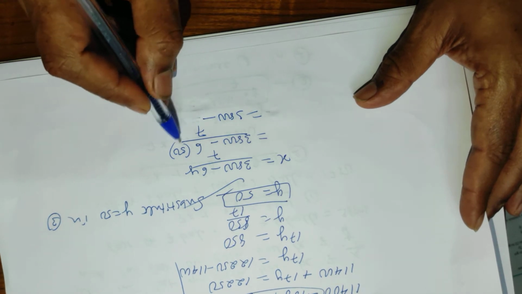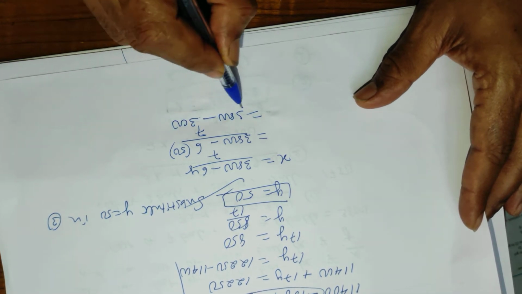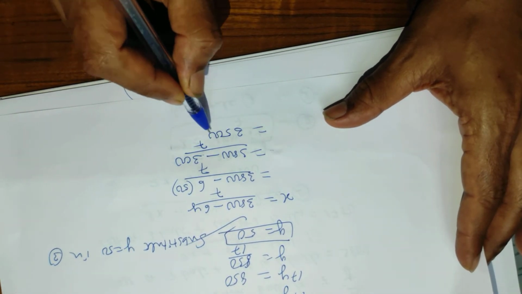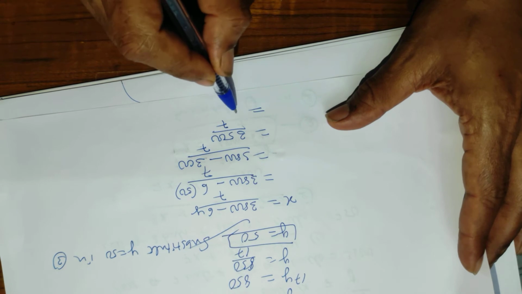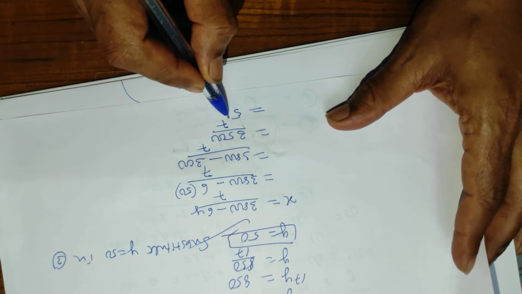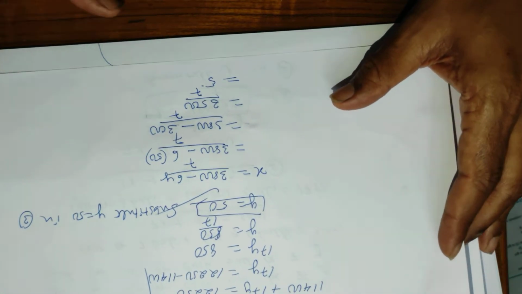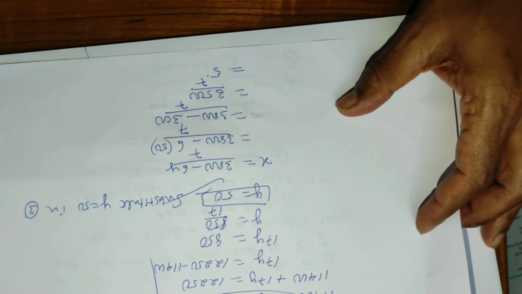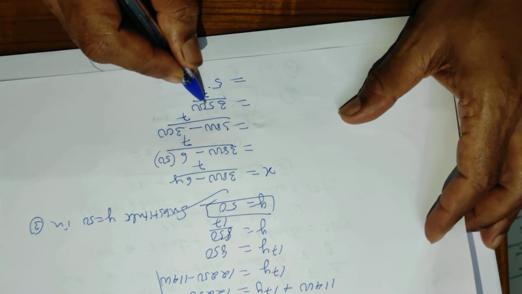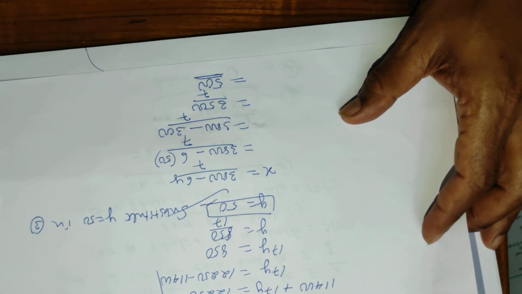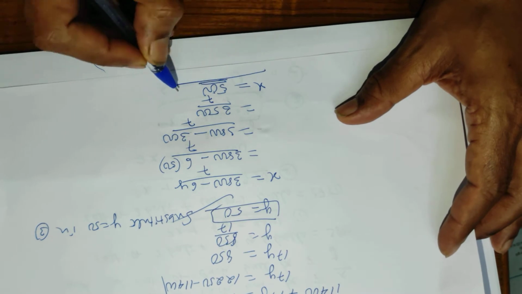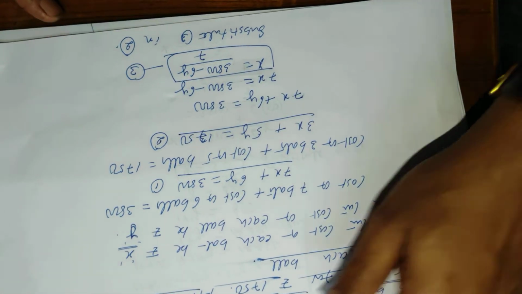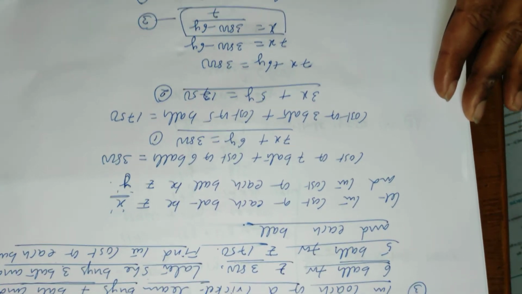3,800 minus 300 by 7. 3,800 minus 300 is 3,500 by 7. That is 500. So the cost of each bat is rupees 500.